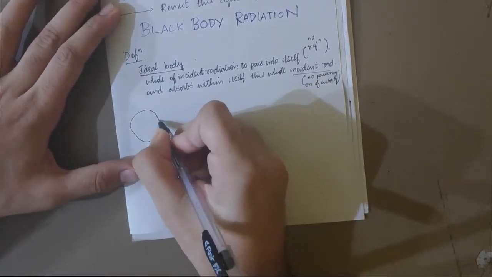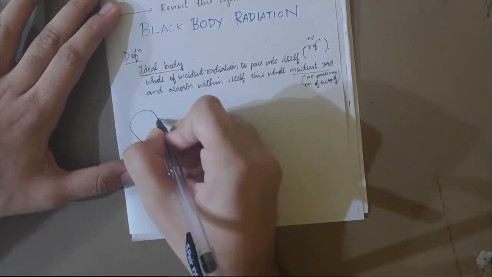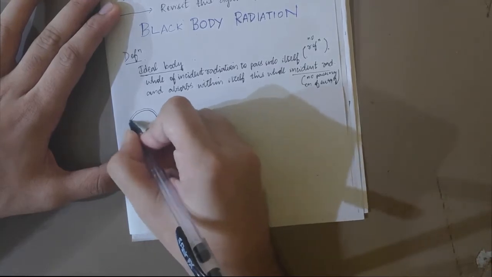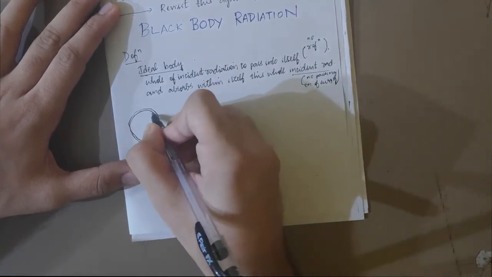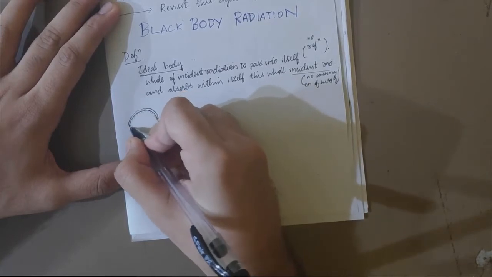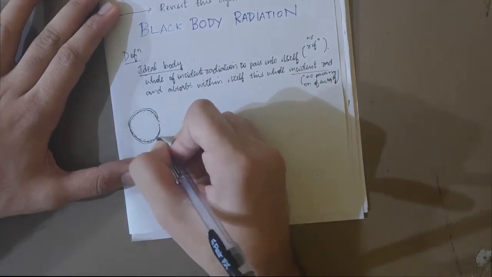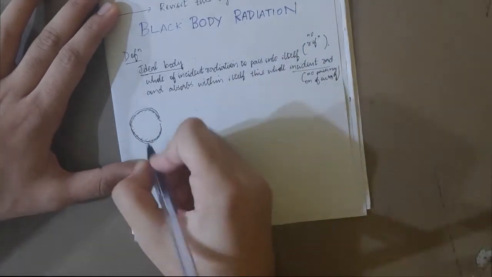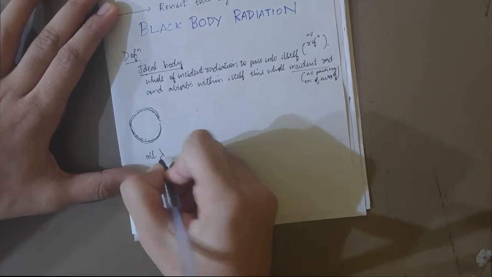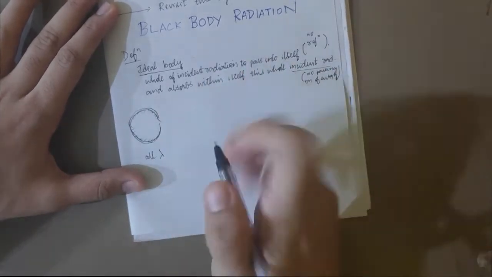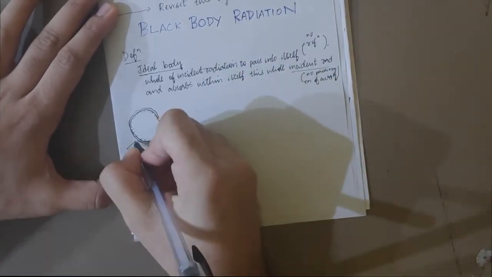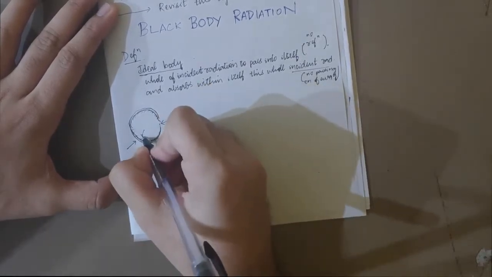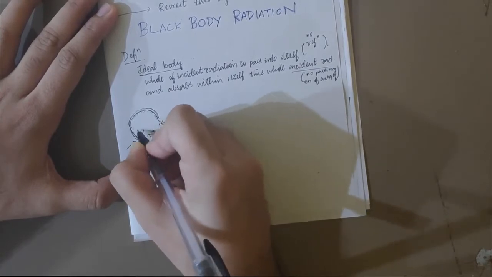So let's look at this in a diagrammatic perspective. This is a sample black body with a small aperture, with its outer surface completely colored black and inner surfaces silvered, that is, it acts like a mirror. Now this whole property is valid for radiation corresponding to all wavelengths lambda and is independent of angle of incidence.